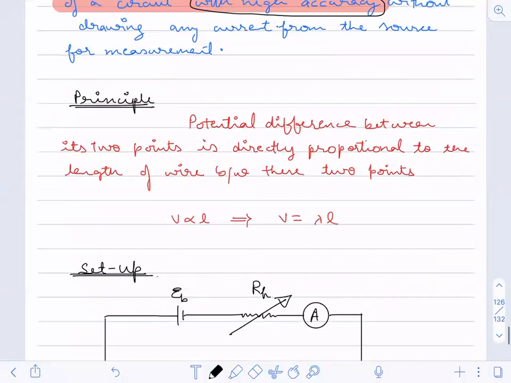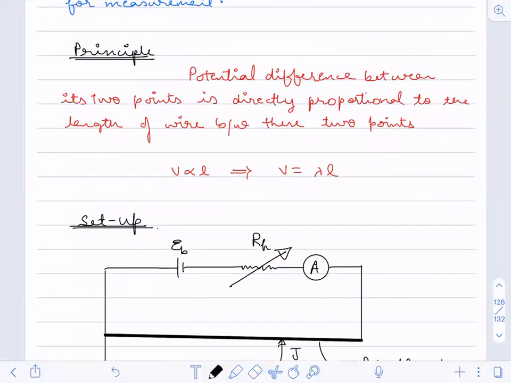Now let us understand the principle. The potential difference between two points is directly proportional to the length of the wire. So it is making use of that.